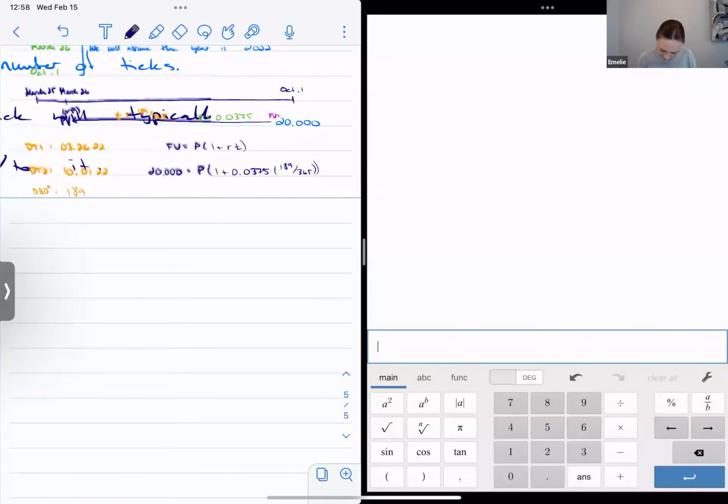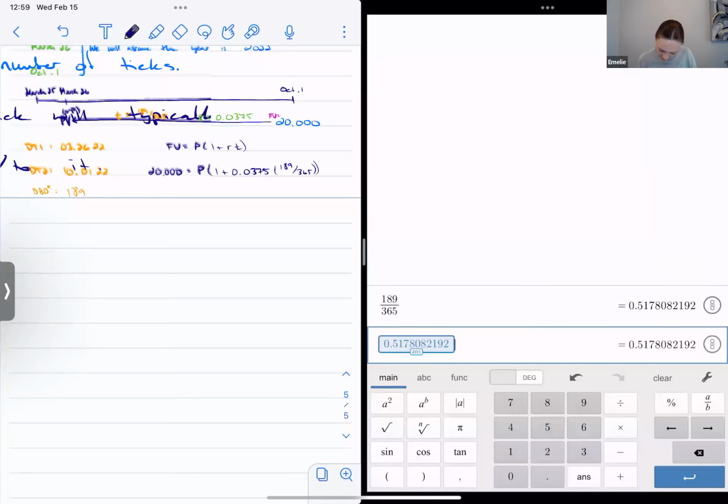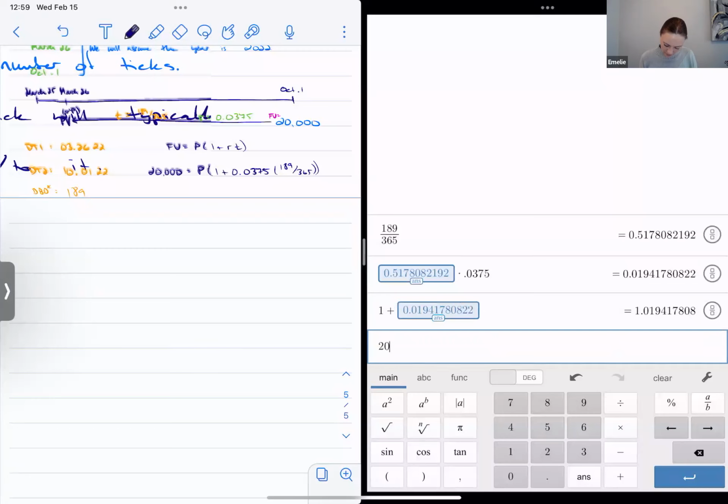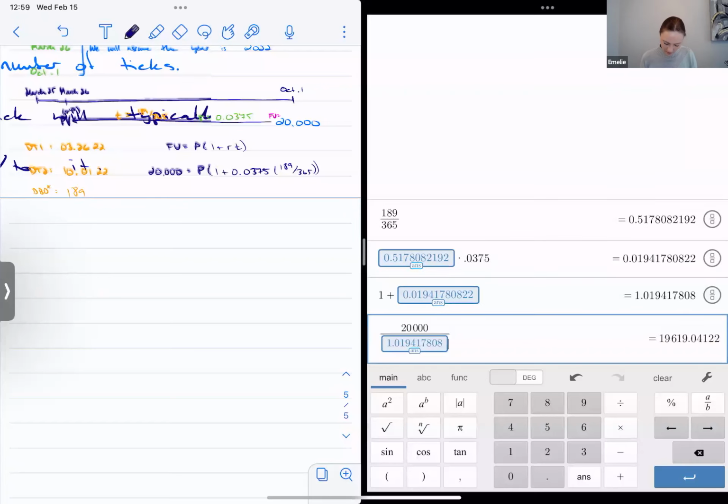So I want 189 divided by 365, that times 0.0375, 1 plus that. And then I want 20,000 divided by the previous answer.